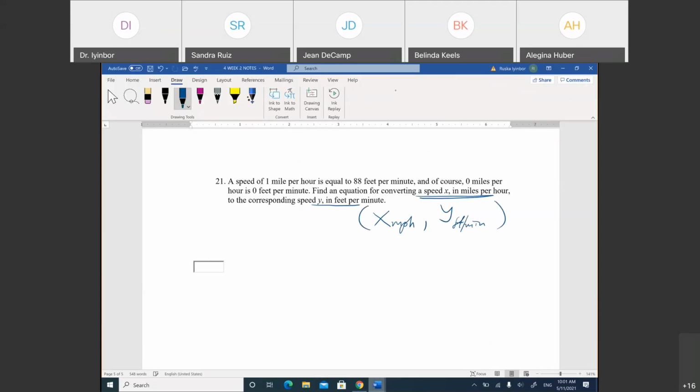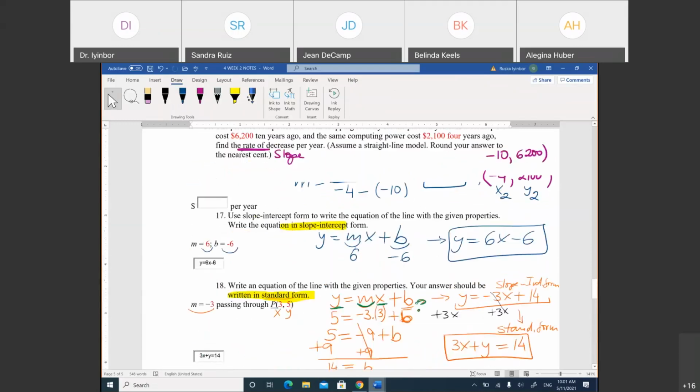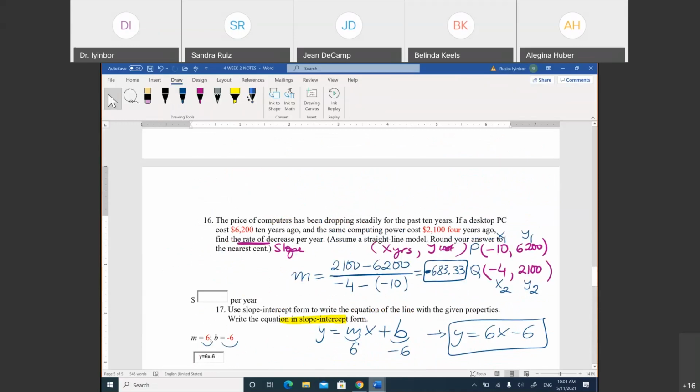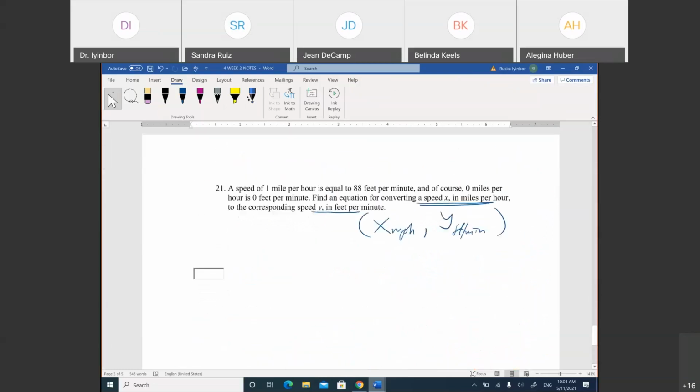So this is the data given. So we're going to use the 2 points, and we did something like that earlier, let me just remind you. You have x is years, y is cost, and you have 2 points given, and you found the swap here, right? So the same idea here in this word problem, the last one, but here they don't ask you to find the rate, they ask you to find the equation.